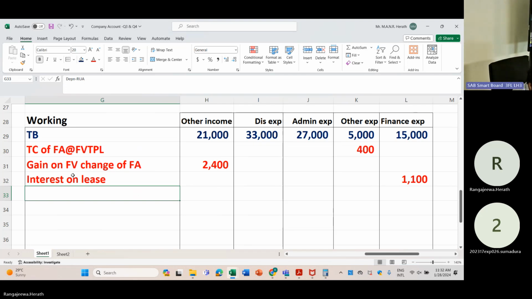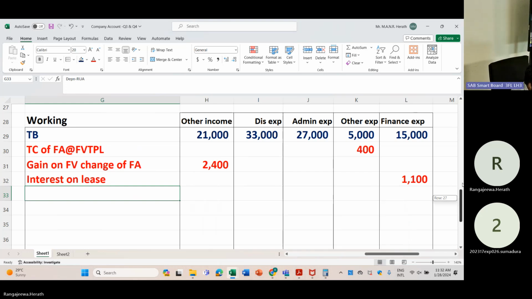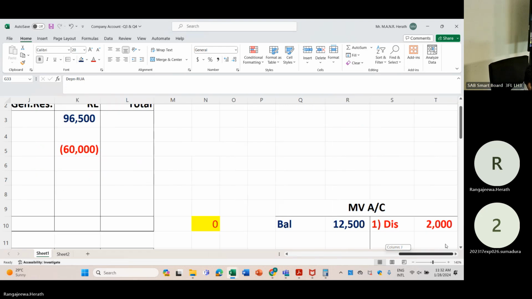Right. Then we recognize the right of use asset 16,000.